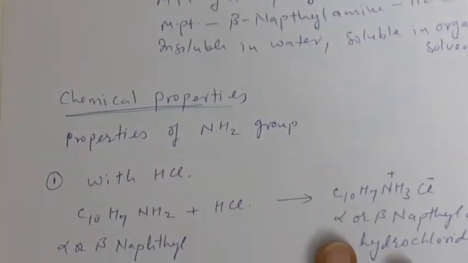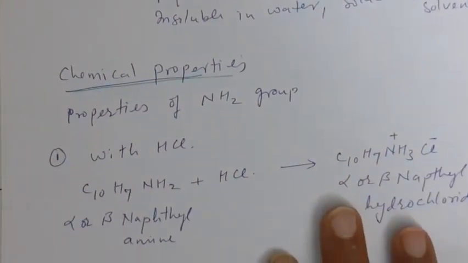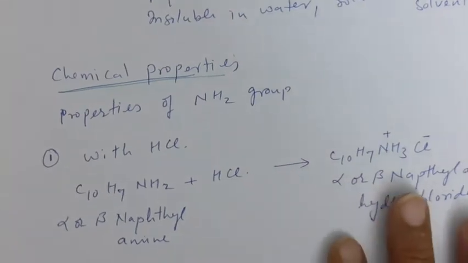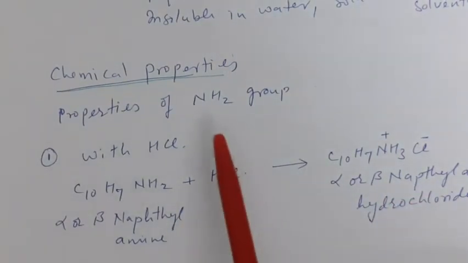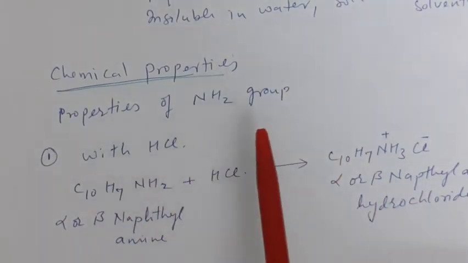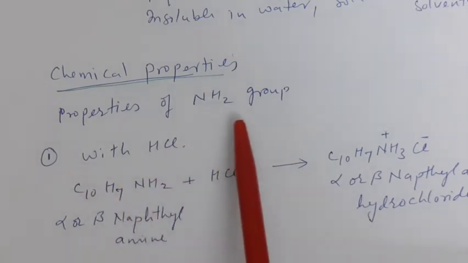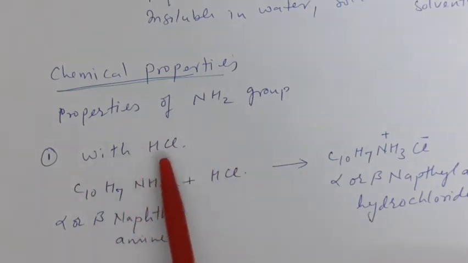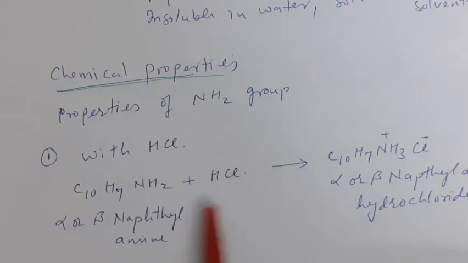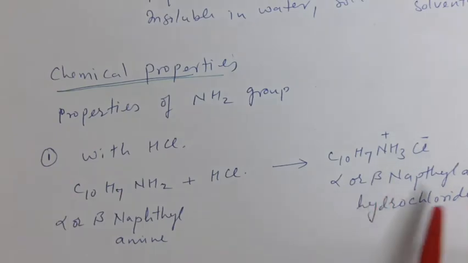Properties of alpha and beta naphthylamine: again they have two types of properties, properties of the NH2 group and properties of the benzene ring. Properties of the NH2 group: with HCl they give the salt, that is, alpha or beta naphthylamine reacts with HCl to give alpha or beta naphthylamine hydrochloride.